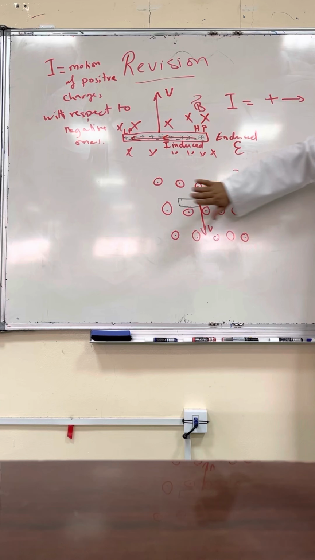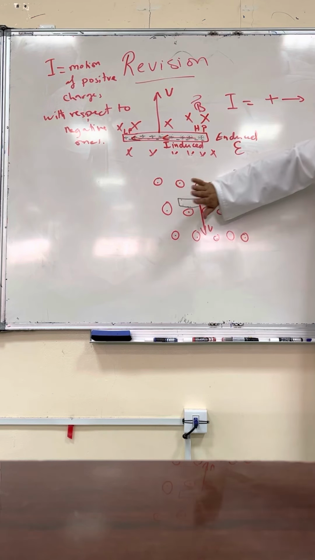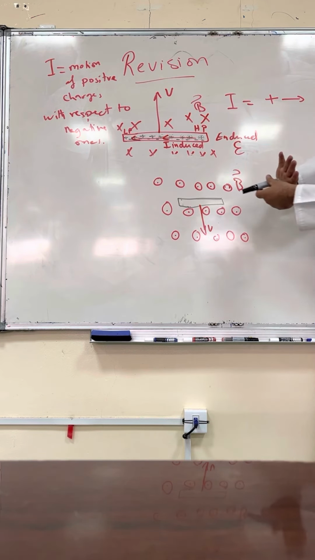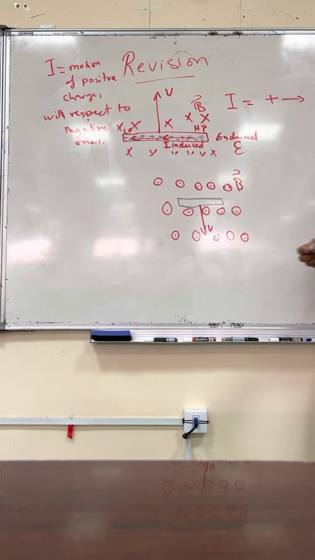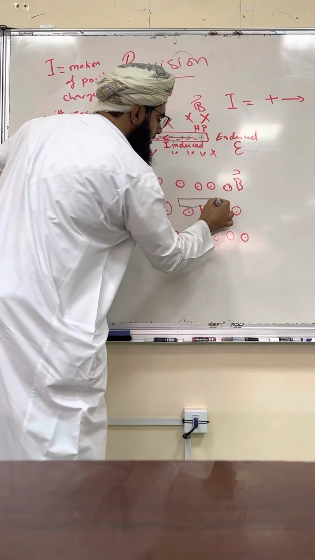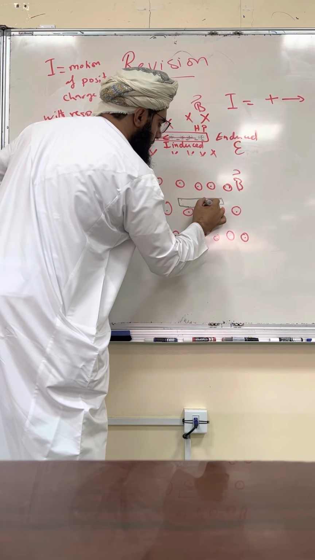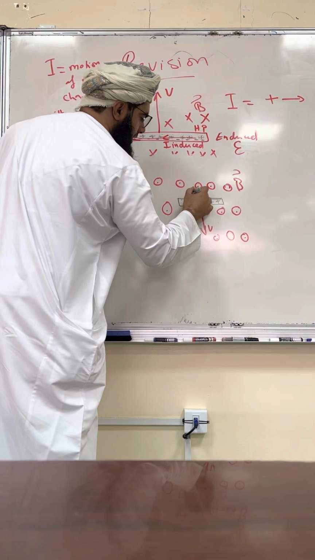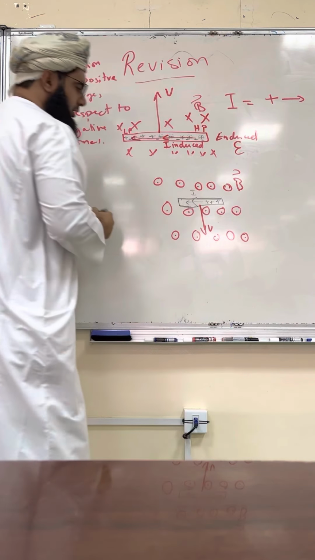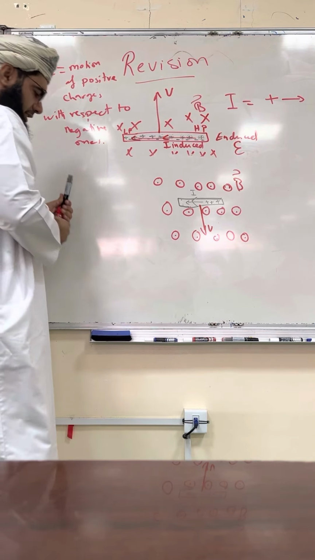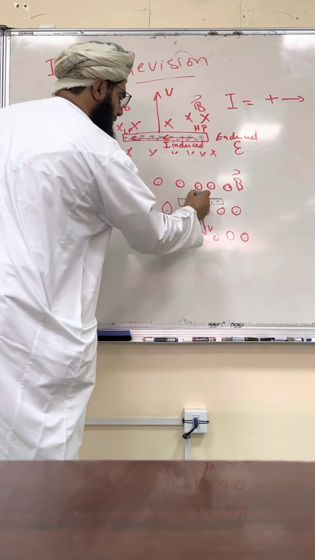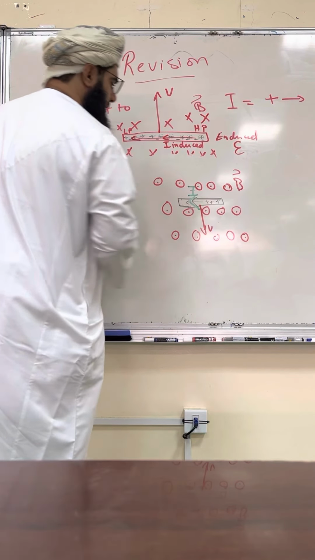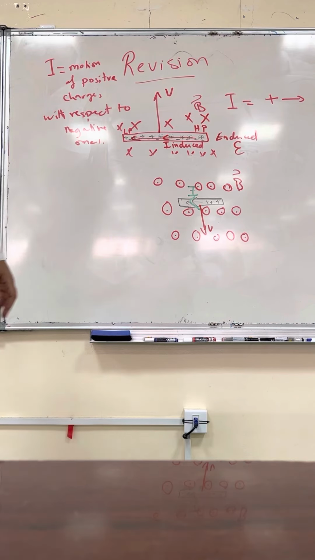The force will be perpendicular to the palm of the hand, so the positive charges will move in this direction. Let's use another color, the green one. So the current will be in that direction.